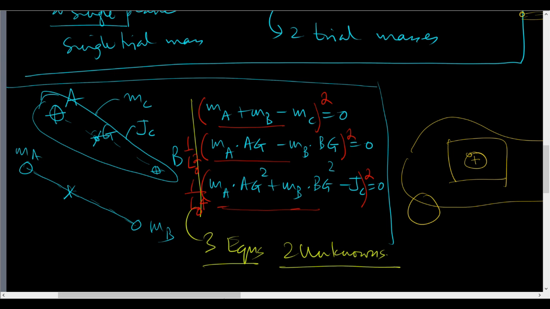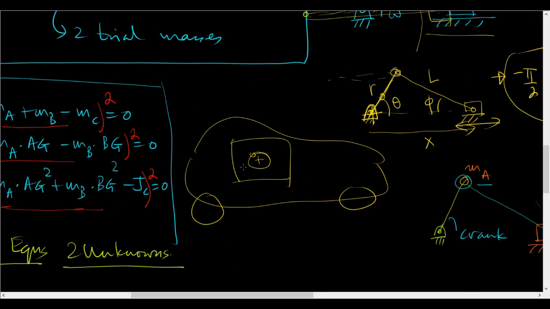If you look at this, let us say this is the engine, this is the rotating part, this is the connecting rod, and this is some motorcycle or some vehicle, some car. Then a typical length scale in this car is something like this, and AG and BG are much smaller than L0.